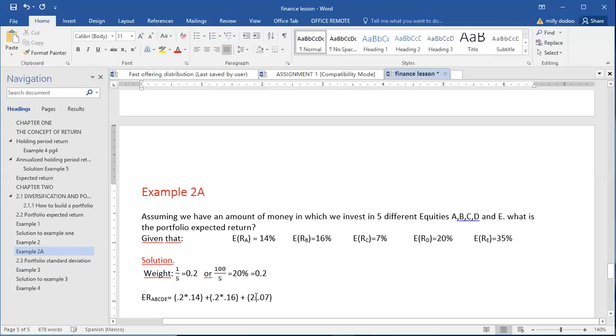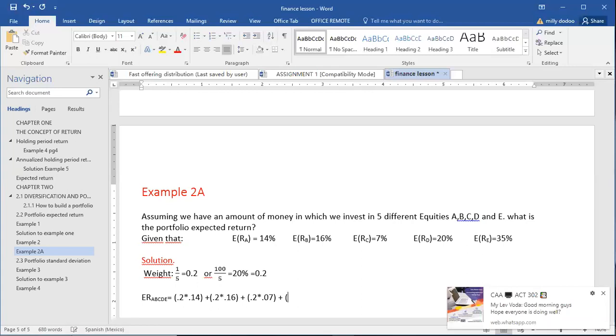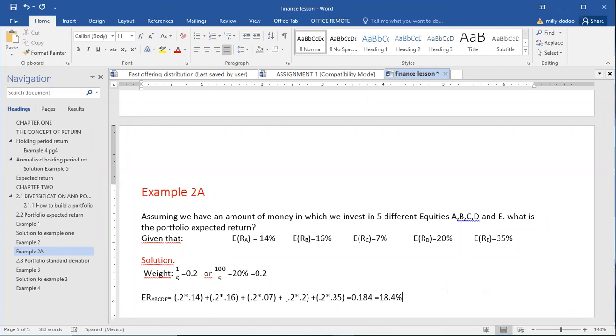so the person can do it this way. Plus 0.2 multiplied by 0.2, plus 0.2 multiplied by 0.35, then he gets his final answer to be 0.184 or 18.4%.